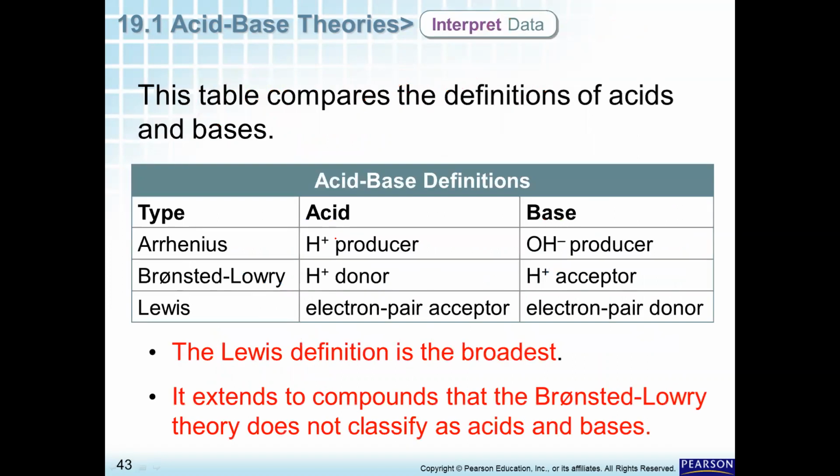According to the definitions, Arrhenius has an H producer and an OH producer. In Bronsted, this is an H donor and that is an H acceptor. According to Lewis, this is an electron pair acceptor and that is an electron pair donor.